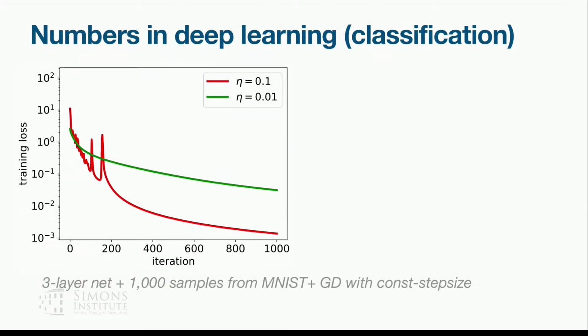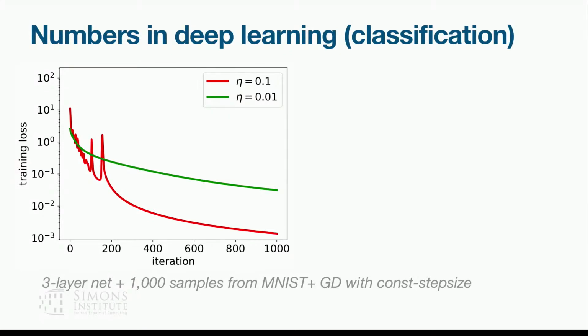But what happens if we run some experiments in a deep learning setup? This plot is for learning a 3-layer neural network for a 10-class classification problem, and I'm using gradient descent with a constant step size.